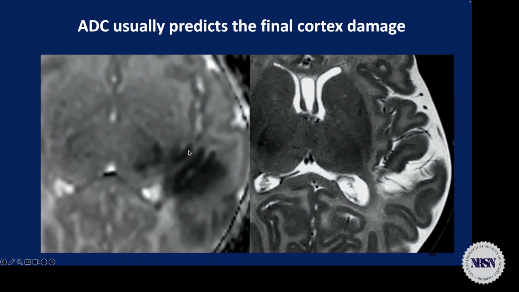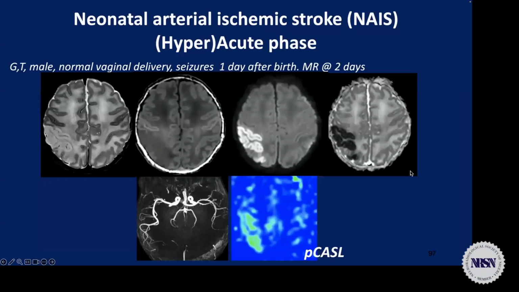You can see the involvement of the posterior part of the insular cortex here. You can see here the damage. You can see at this level, and you can see here precisely this part of the cortex is damaged. In the very hyperacute phase, you can see very well in ADC the selective involvement of the cortex.